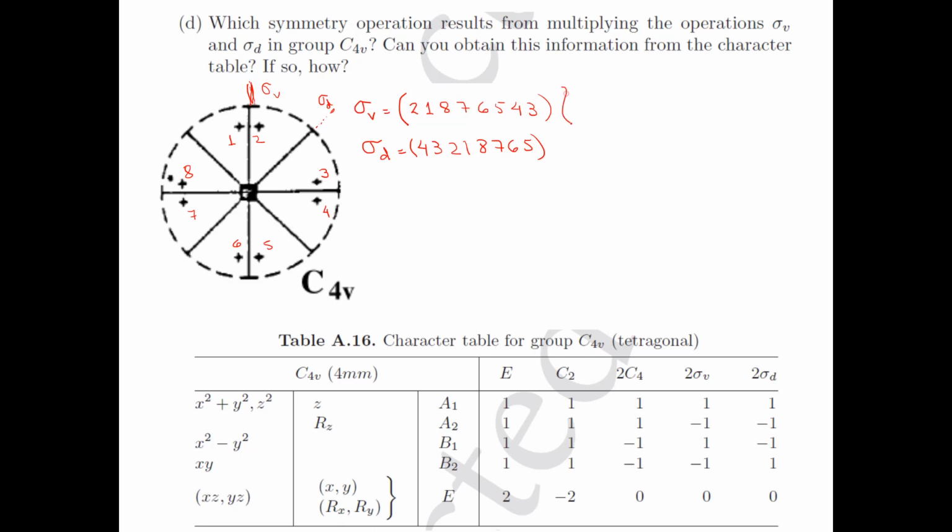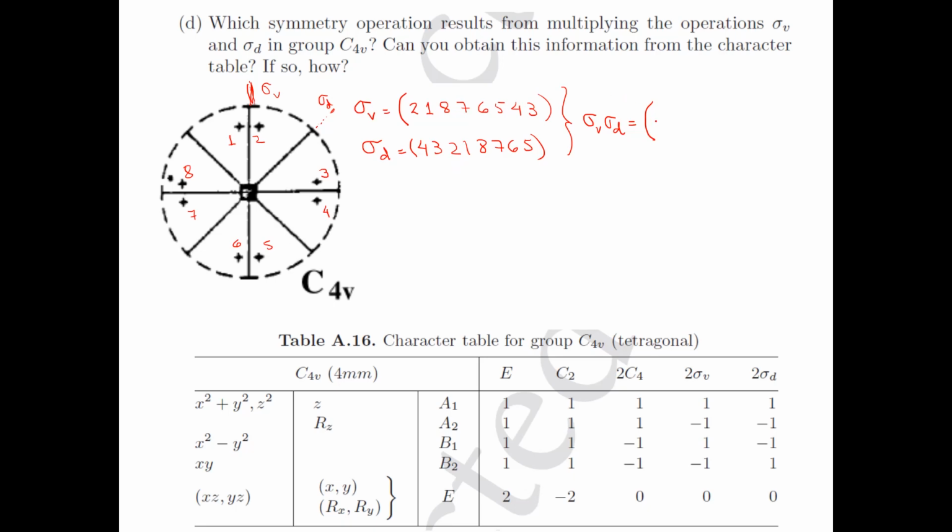So if I use this and combine, I will do first sigma d and then sigma v. What is the result of that? You can do it by yourself, but let me do just one case. So if you do sigma d, 1 goes to 4, and 4 goes to... sorry, 1 goes to 3 in this case, because I do first sigma d and then sigma v.